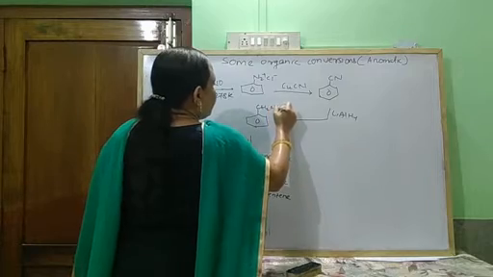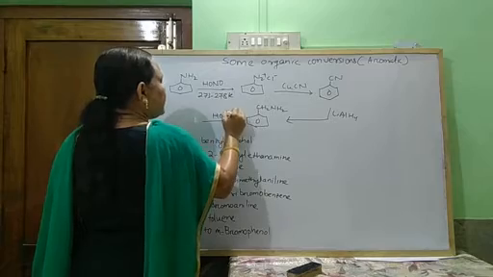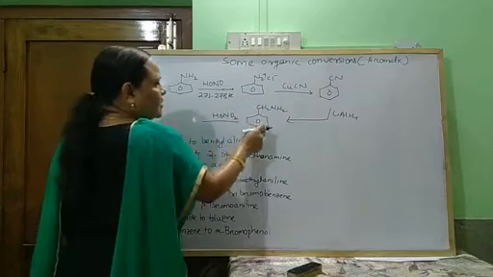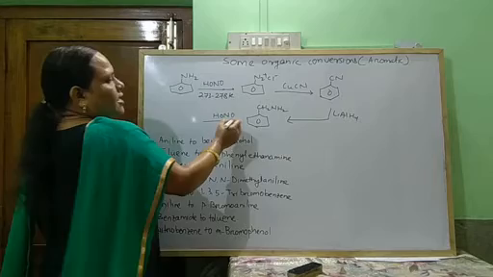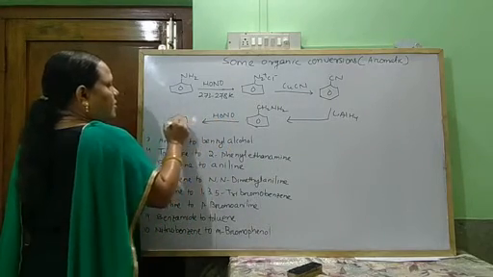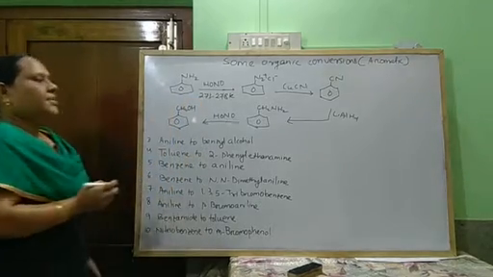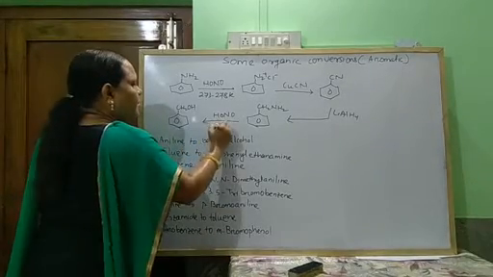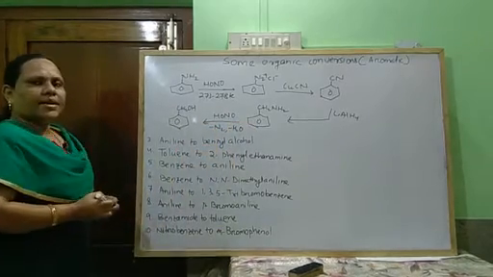benzylamine. And benzylamine treated with nitrous acid. So aniline gives benzene diazonium chloride, but benzylamine when treated with nitrous acid forms benzyl alcohol, with liberation of nitrogen and water.